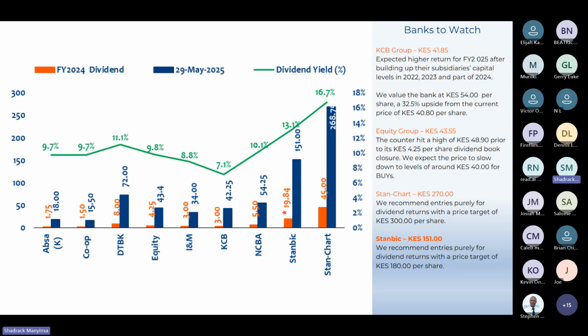Either it has not hit the optimum in terms of banking returns. And also looking at how efficient they are in terms of their online presence, they are quite digital. They are among the first banks which went digital, that is Stanchart. And with that digital, they have maintained good income for the last 3 years.